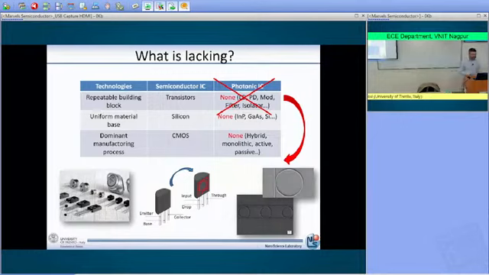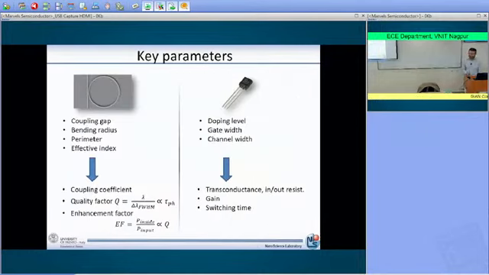What I'm trying to do today is to introduce you to this photonic device. I will show you that, as with the transistor, where you have many free parameters to determine its properties, with this microring resonator we also have many different parameters that allow us to determine its most important properties.